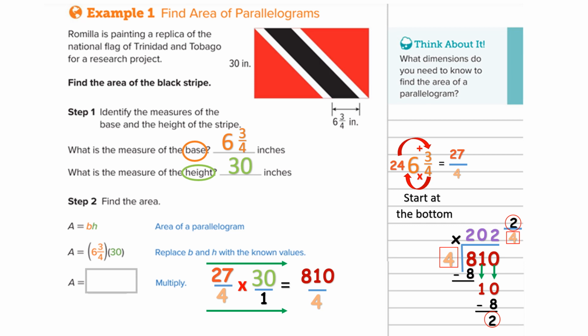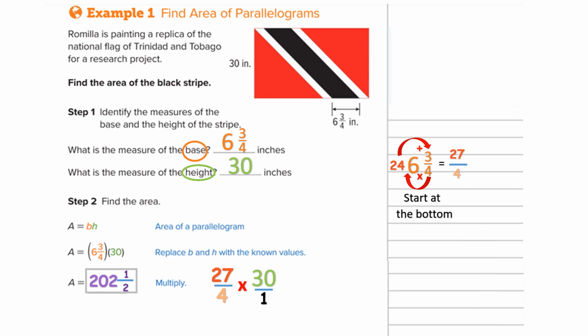But then when I notice my fraction, they're both even. So that's where I'm going to have to reduce. And since they're both even, I know 2 will go into both of them. Reducing, once again, simply means to divide the top and bottom by the exact same number. 2 will go into 2 once, and 2 will go into 4 twice. So I end up with an answer of 202 1/2.